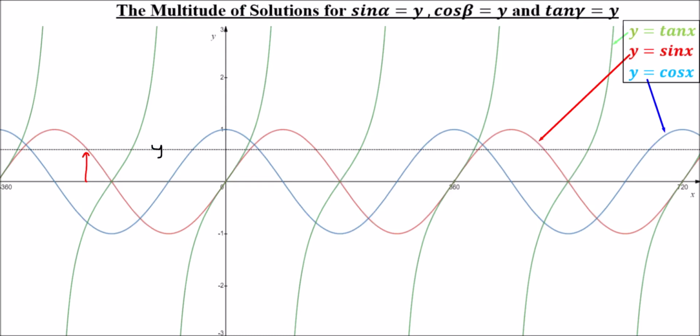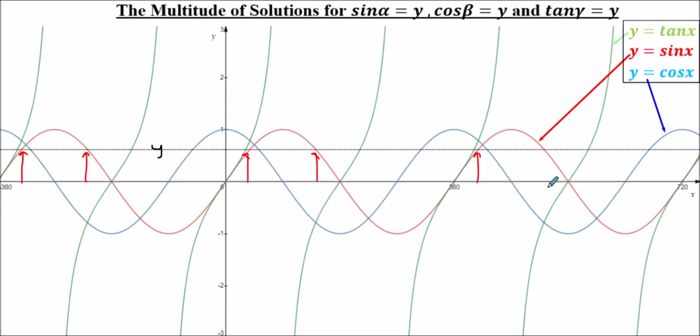But it wouldn't just be the only value of x we could take that would yield sine x equal to this y. We could take this one here, that value of x, it'd give the same value of sine x. This value of x would give the same value, as would this one, and so on as we go further down the line.